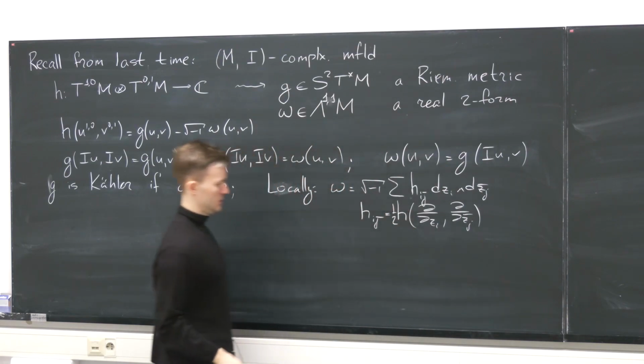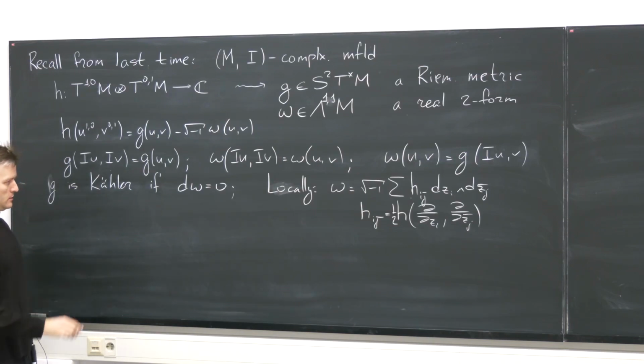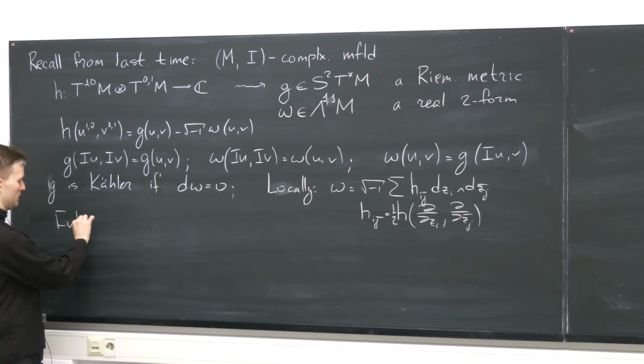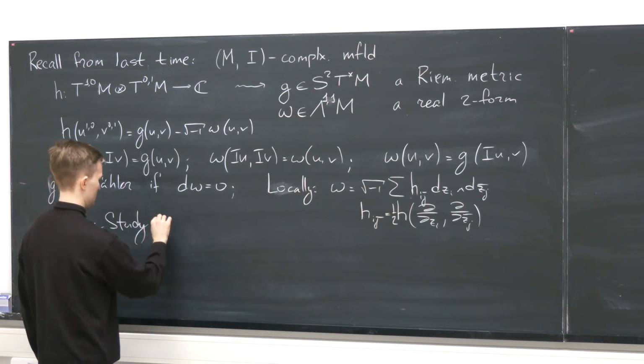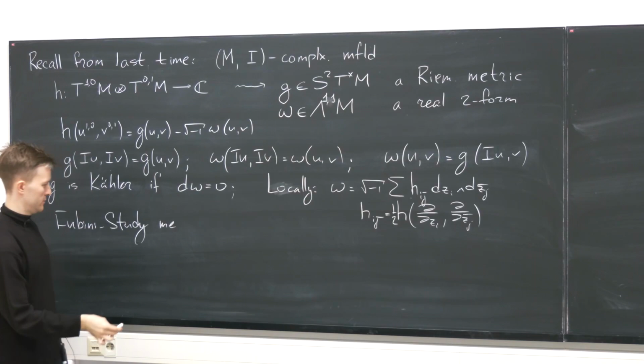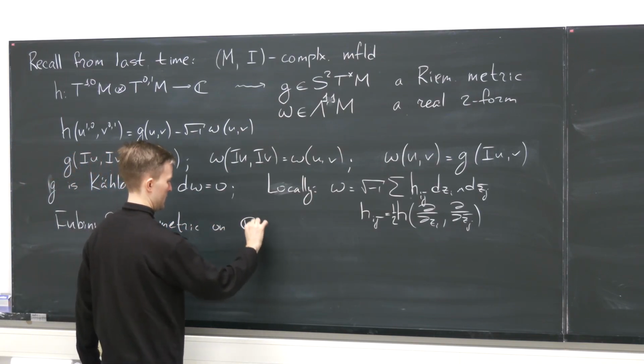And there was also an example of this Kähler form on a projective space. It was called the Fubini-Study metric on CP^n.